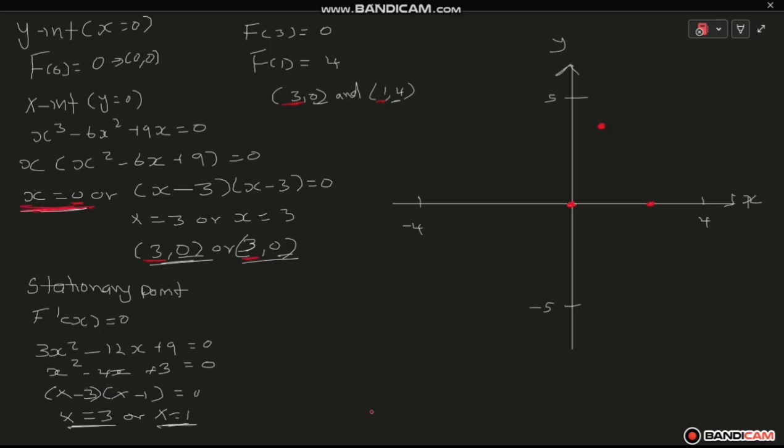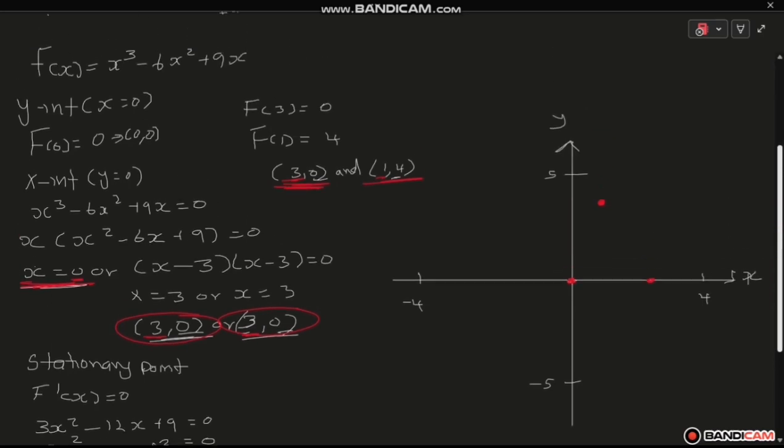So this is what we have here, and (3, 0) is what we're having here, on that same point on the x-axis. So (1, 0) and (1, 4), that's what we're having up there.